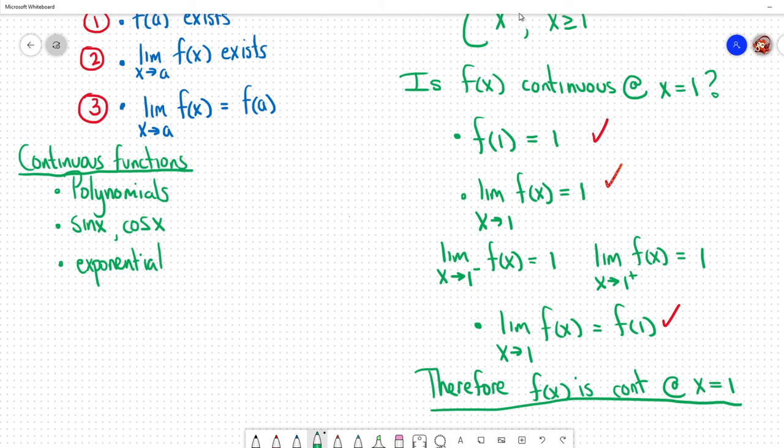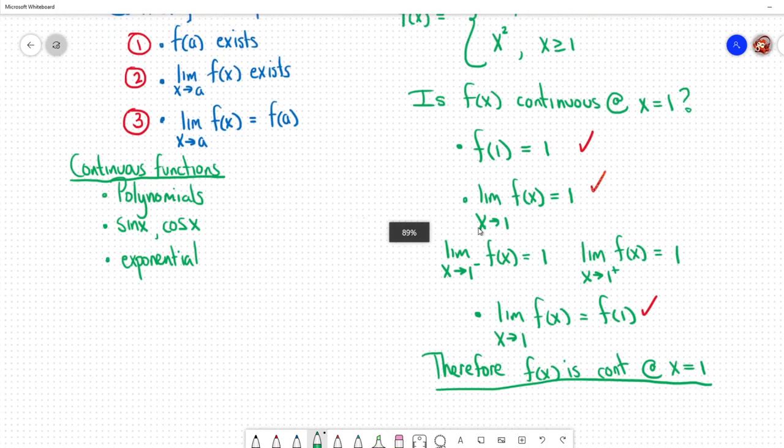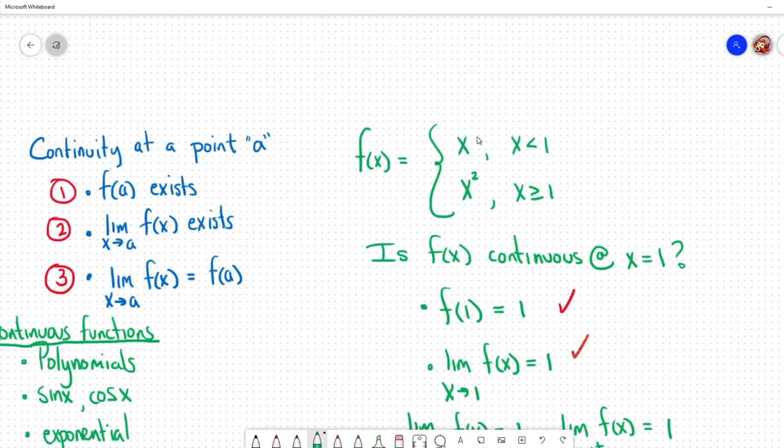So I could now generalize even further and say this is continuous for all values of x because of the fact that I already know these 2 pieces are continuous.